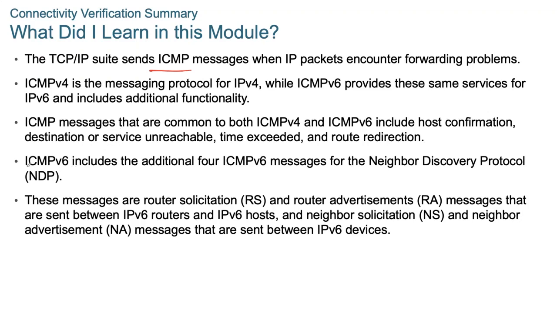But in IPv6, it gives some additional information: four additional IPv6 messages. One is the neighbor discovery protocol. That neighbor discovery protocol consists of the router solicitation message, router advertisement messages, and the neighbor solicitation message and neighbor advertisement messages.